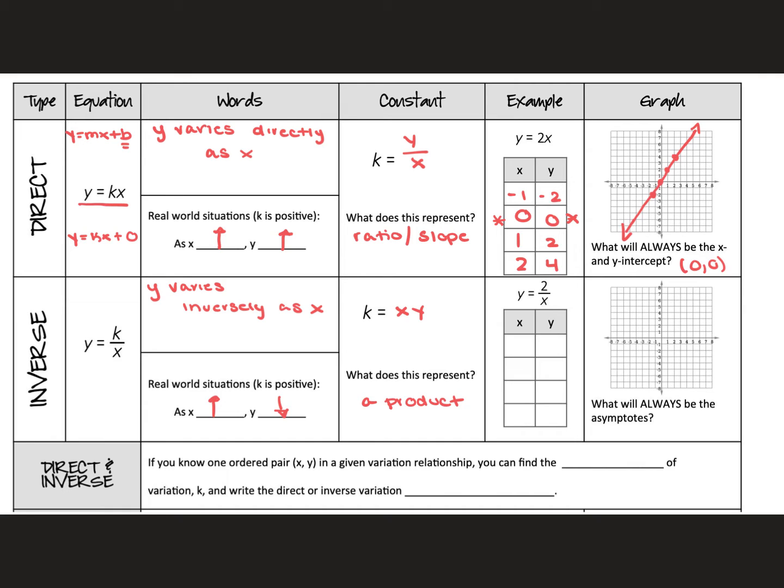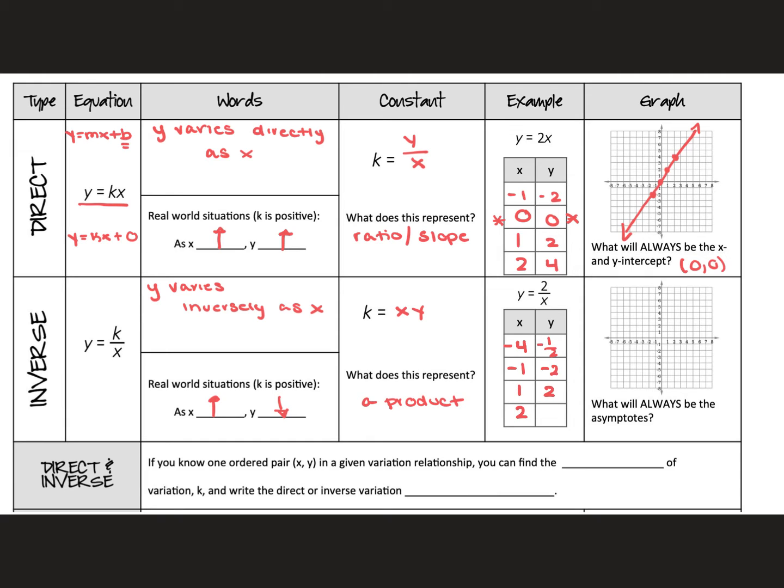If we pick some values here, let's pick -4, -1, 1, 2. When I plug in -4, I'm going to get -0.5. When I plug in -1, I'm going to get -2. When I plug in 1, I'm going to get 2.